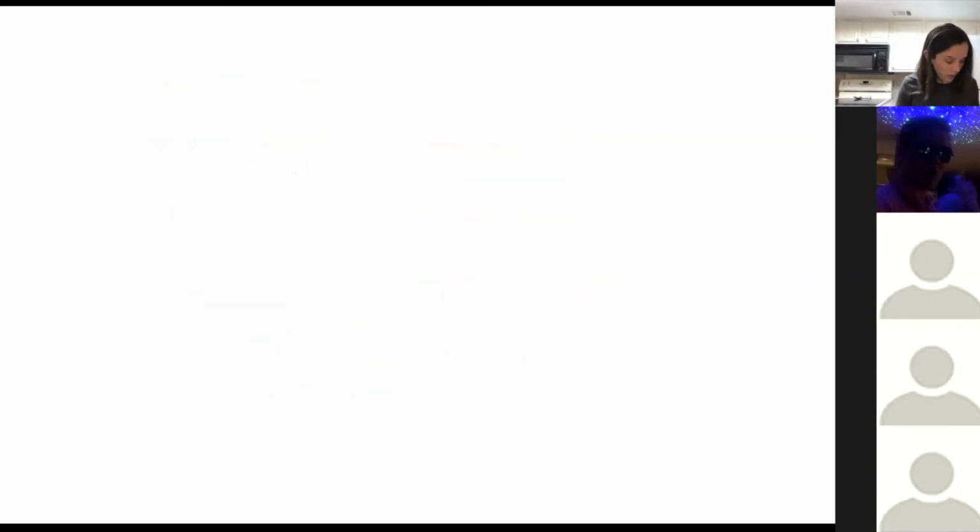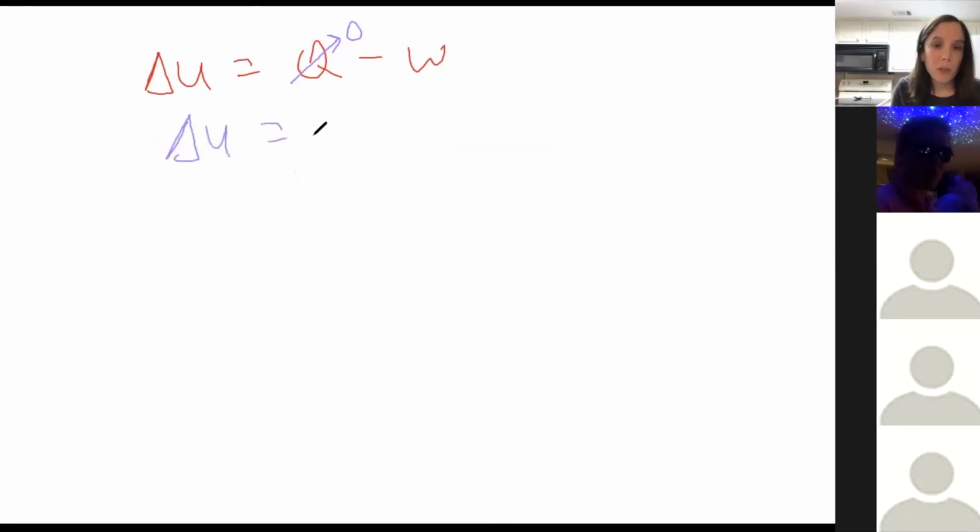Okay, so in that case, we're going to use the equation delta U equals Q minus W. It said there's no heat transfer, so that means Q is 0 because there's no heat being transferred. So now the equation becomes delta U equals negative W. And it was said before that now we're doing work on the glass. When we slap the glass, we're doing work on it.